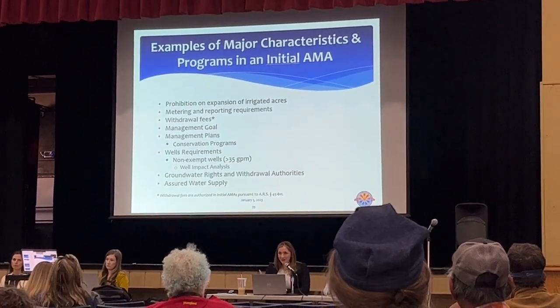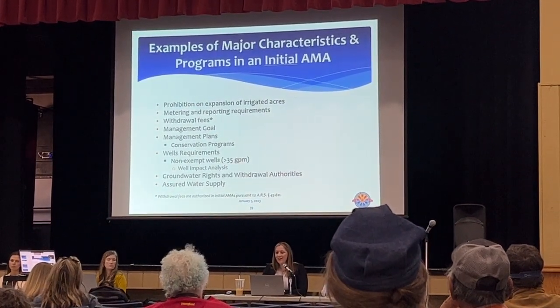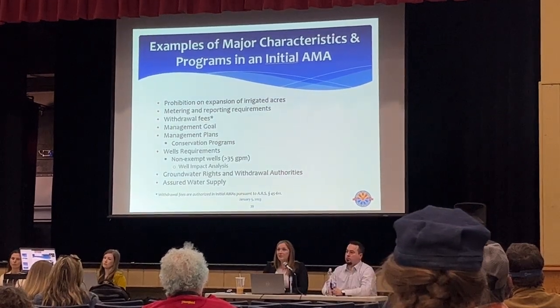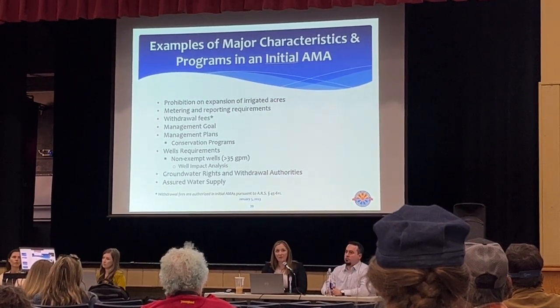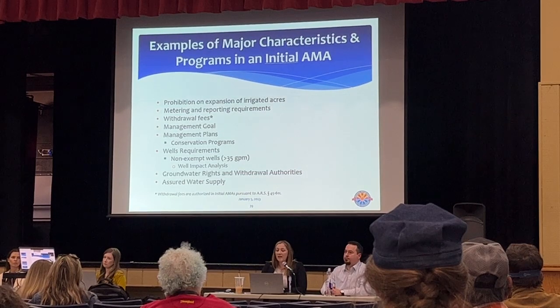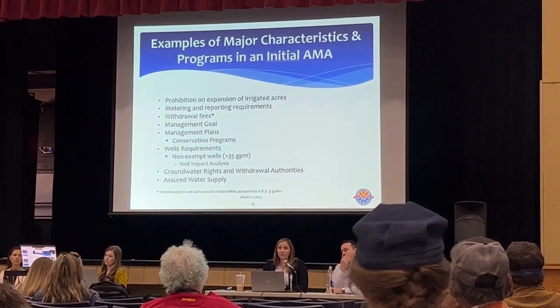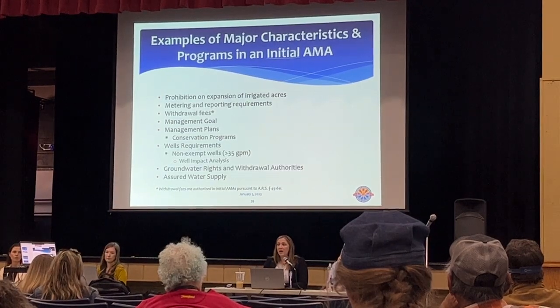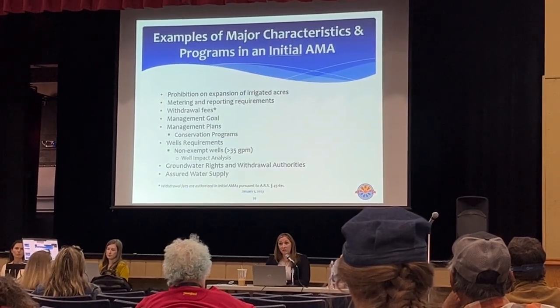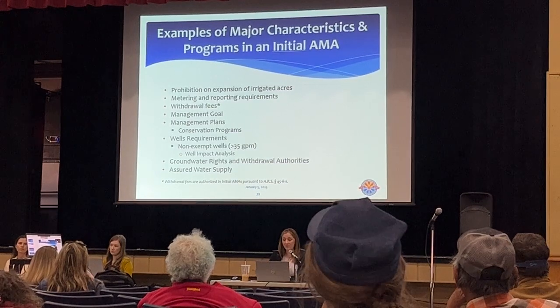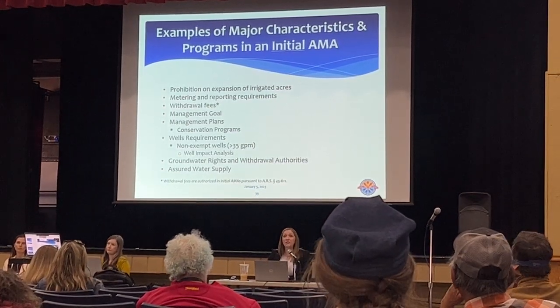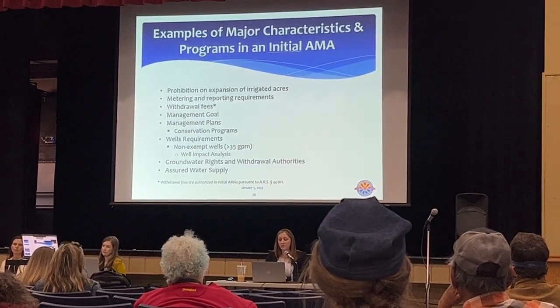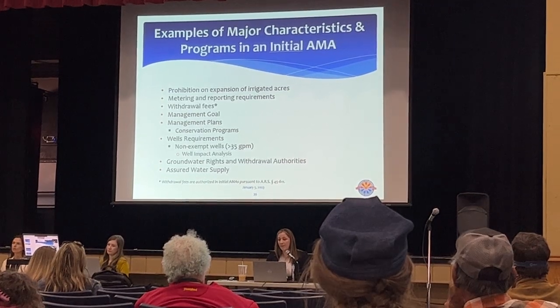There is a management goal, which we'll be talking about later. Management plans, which we'll be developing over the course of the next couple years. There are also well requirements related to well spacing and well impact analyses. There are groundwater rights and withdrawal authorities. Like I said, I'll touch on the different types of those. And there is assured water supply as opposed to adequate water supply.